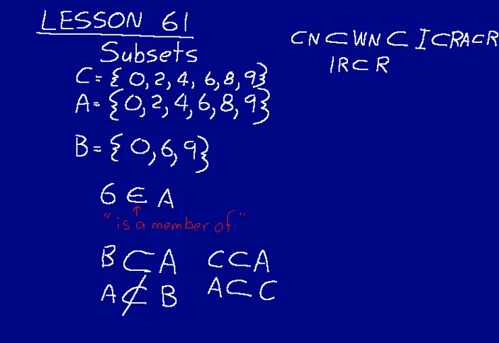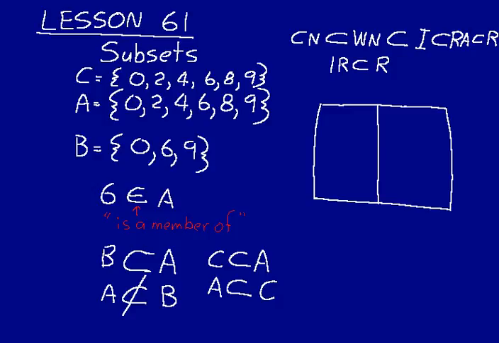Now if that's a little confusing, there's another way we can describe these that might be easier to understand. Let's make a big box. The reason we're doing this is so you can see how these different sets compare. That's an important skill in algebra and in life, to be able to organize information and see how it compares to other members.